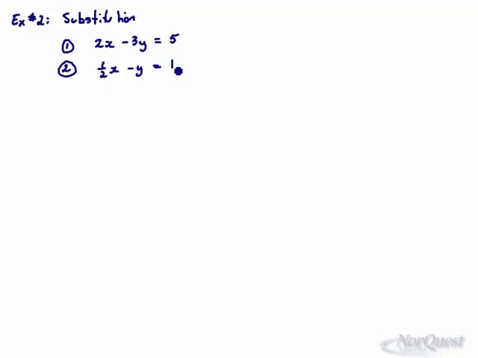Again, look for the variable that's the easiest to manipulate in this system. Y in equation 2 is the easiest one to manipulate. I'm going to move the y to the other side and move the 1 to the other side. So equation 2 will look like 1/2 x minus 1 equal to y.